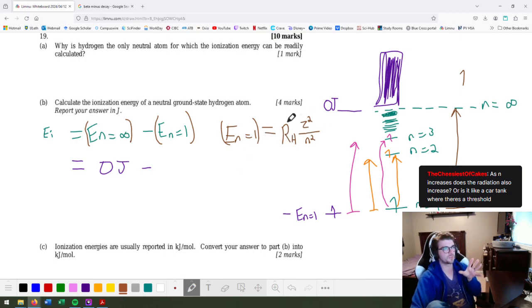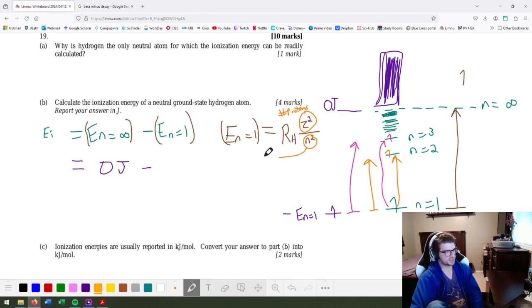This is once again the number of protons, and the n here is the same as this n. So here we're looking at the energy of the ground state energy level.